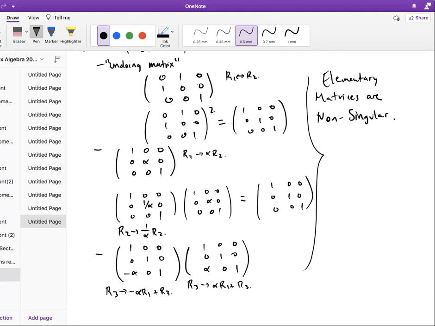The fact that they're non-singular is pretty important. But any questions on that for now? Finding the inverses of these elementary matrices is right now quite easy. You just think about what the matrix would be to undo that operation. Okay.